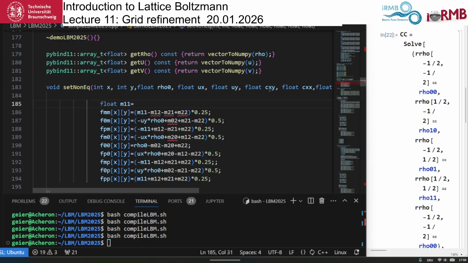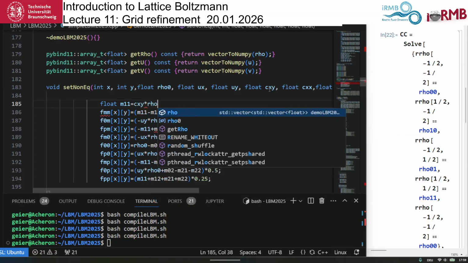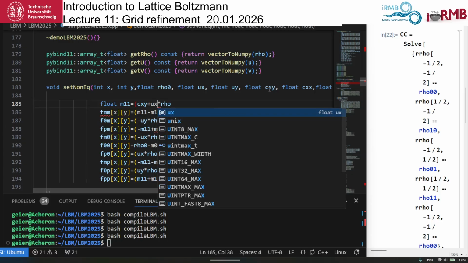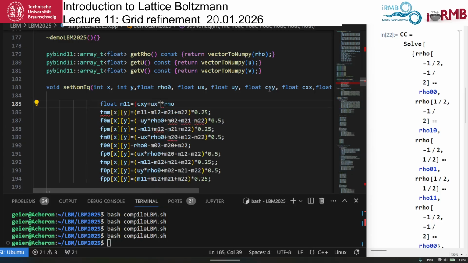Suppose this is the cumulant, then Cxy plus, okay, now we need the velocities, ux times uy, right? Times rho 0. Is that okay?